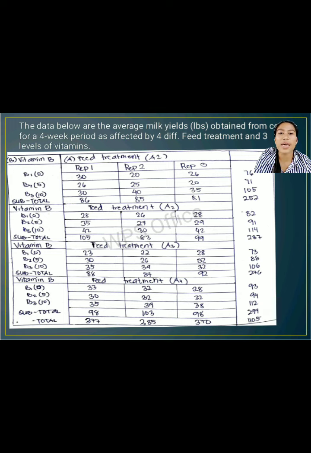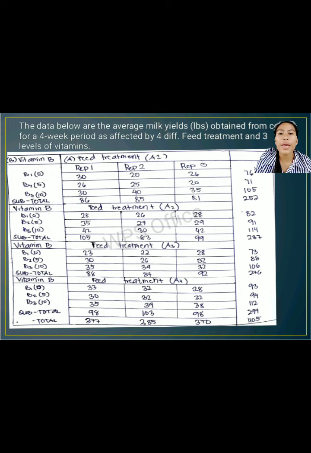How do we get the feed treatment total, which is replicated by 3? Simply add all data of vitamin B sub 1 feed treatment from replication 1 to replication 3. So, let's start. Replication 1: 30 plus 20 plus 26 equals 76.